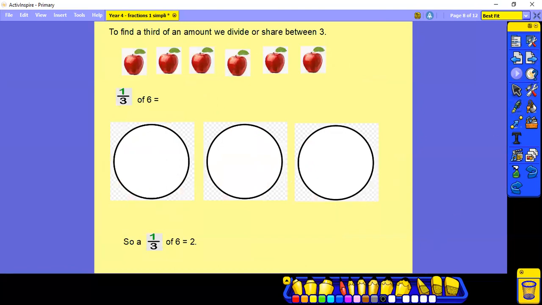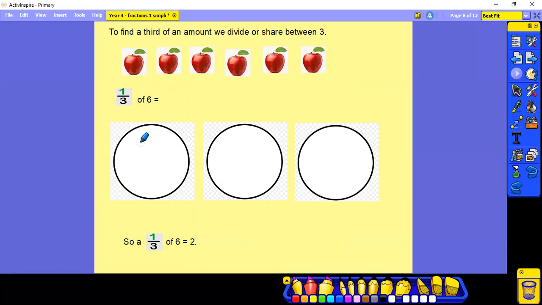So let's just have a go at this one here. To find a third of an amount, we divide or share between 3. And if we look carefully at the bottom of the fraction, we can see the number 3. Okay, so that tells us to share between 3. So a third of 6 equals. So I'm going to share our 6 apples.